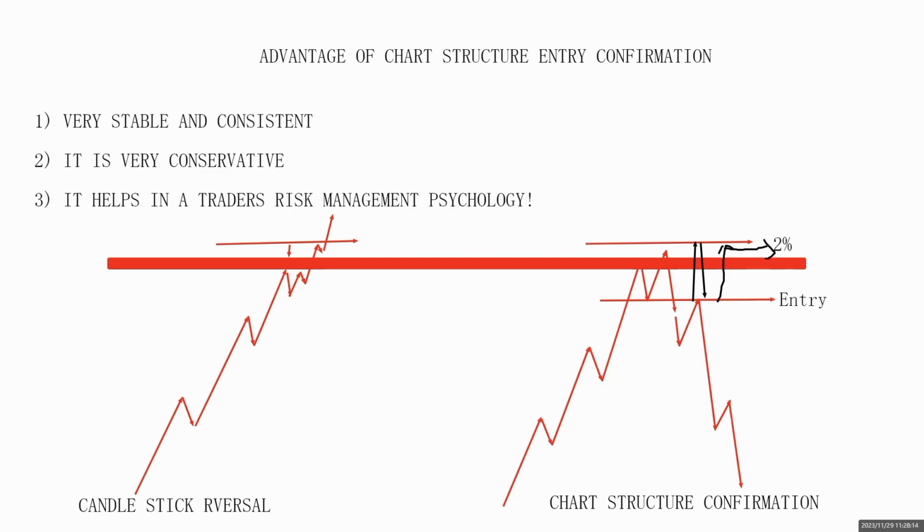And at the same time, regardless of the number of my stop loss pips, I can use my position sizing to convert it into the percentage I want to risk. For example, I do not risk beyond 2% of my account. So my goal is that whenever the chart structure entry confirmation gives me the point where I have to put my stop loss, sometimes it could be 50 pips, sometimes I could see 1:4, which is risking 20 pips for 80 pips.